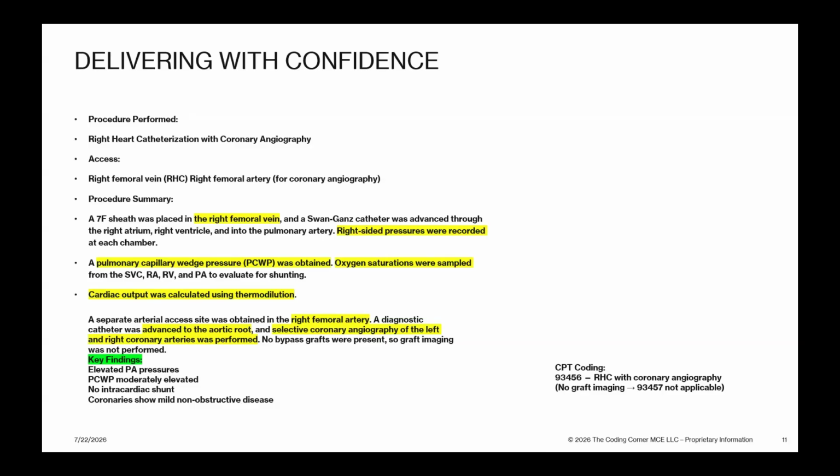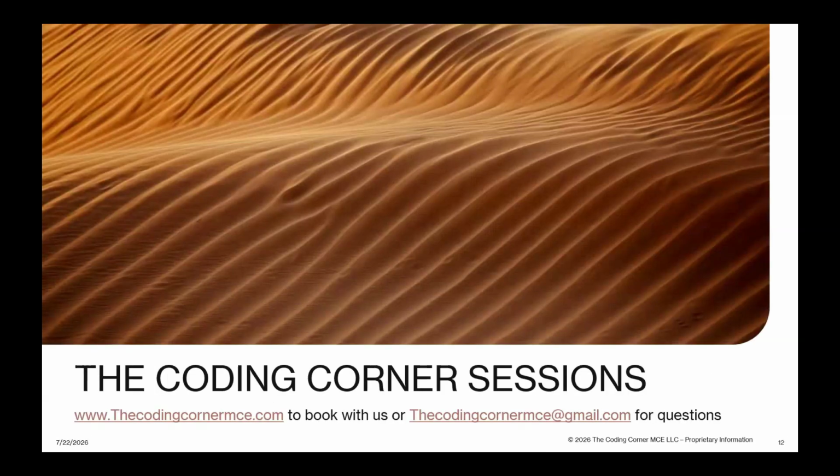The findings show elevated pulmonary artery pressures, a moderately elevated wedge pressure, no evidence of a shunt, and mild non-obstructive coronary artery disease. Because this case includes a full right heart cath plus coronary angiography, the correct CPT code is 93456.